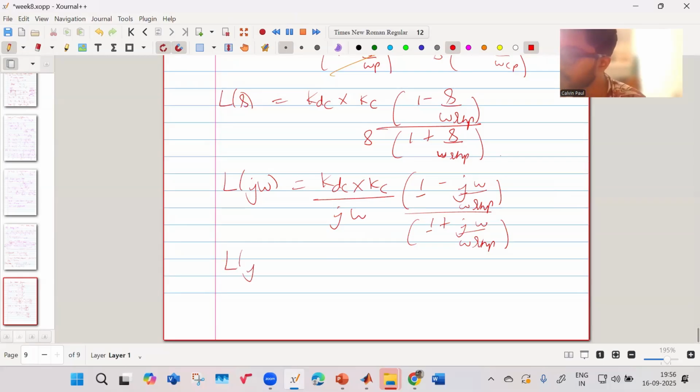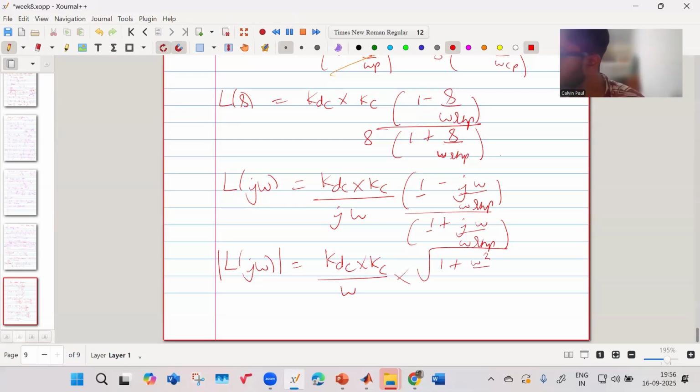So you write the magnitude of L of j omega. What is the magnitude? KDC into Kc upon omega into square root of 1 plus omega square by omega RHP square, upon square root of 1 plus omega square by omega RHP square. That is why sir has placed your pole at omega RHP.